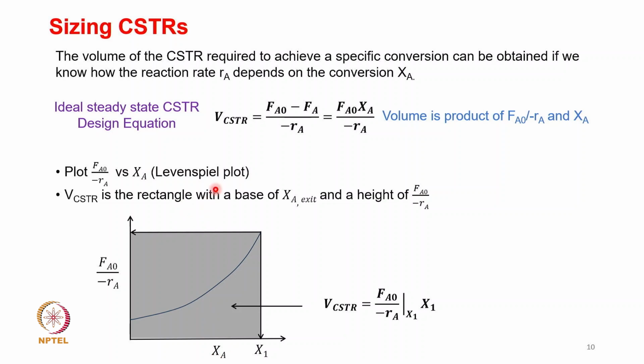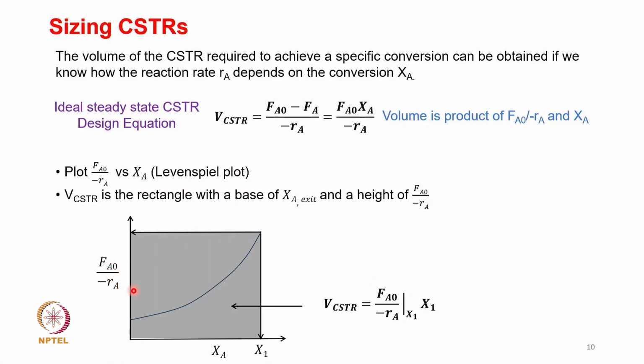So the volume of the CSTR is a rectangle with a base XA and a height of FA naught by minus RA. So you can just evaluate this particular area. This is fairly easy if you look at it geometrically, by employing the Levenspiel plot, which is plotted as FA naught by minus RA as a function of XA.